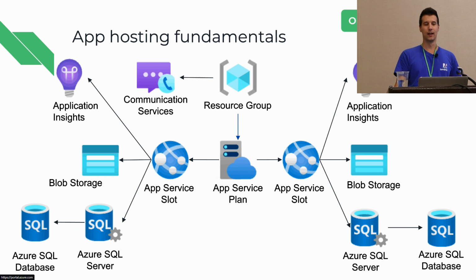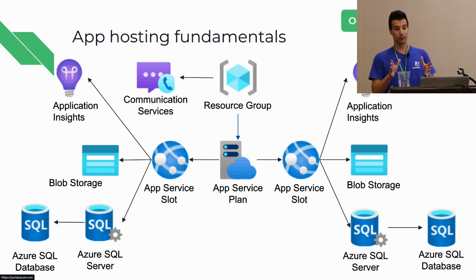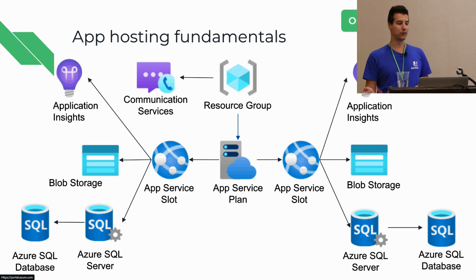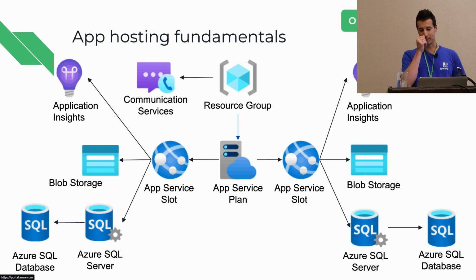By default, your app service has one slot, which is called production, and you can have up to 32, 64, probably a power of 2, I don't know, but some number of slots, and those correspond to different hosting environments. So the next logical step is, if you have a production environment, you should probably have a staging or test environment or something like that.